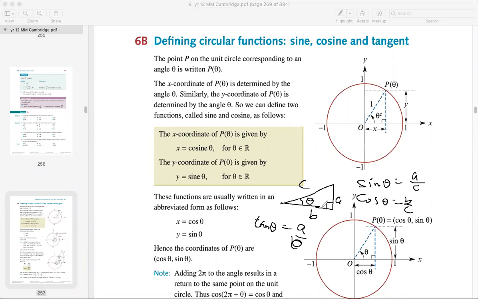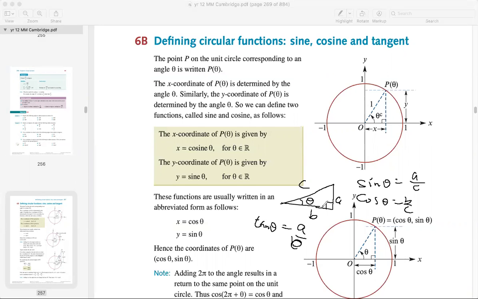Based on this definition, we can only define theta as being less than 180 degrees, less than pi. But if we use CAS or any other calculator, you plug in sine 300 and it gives us a number.